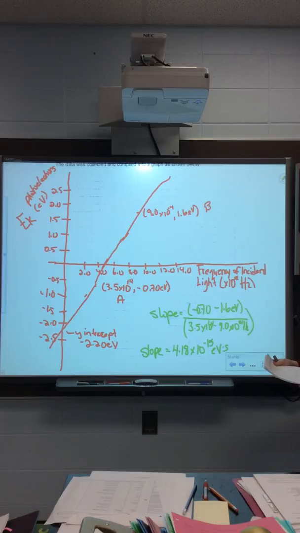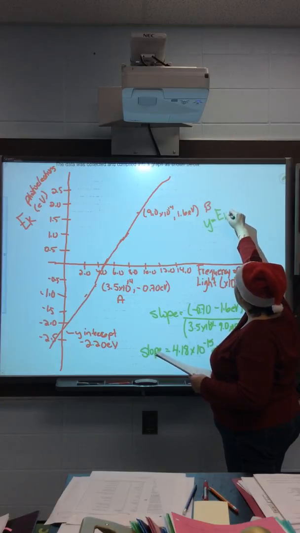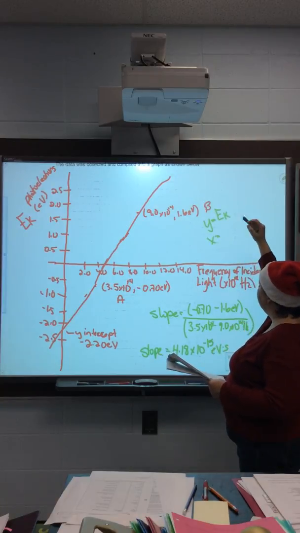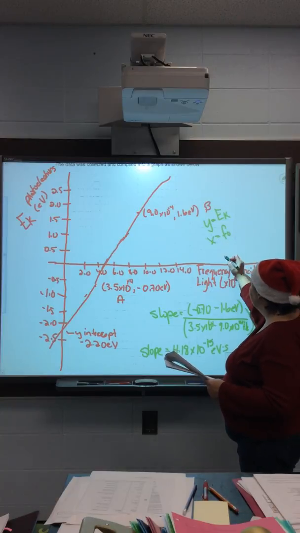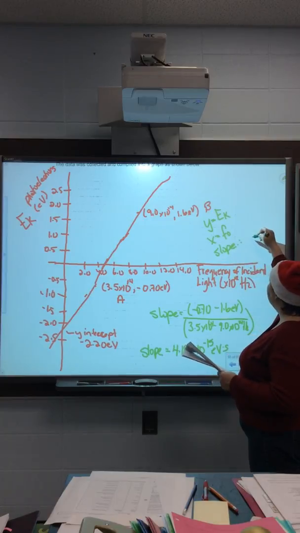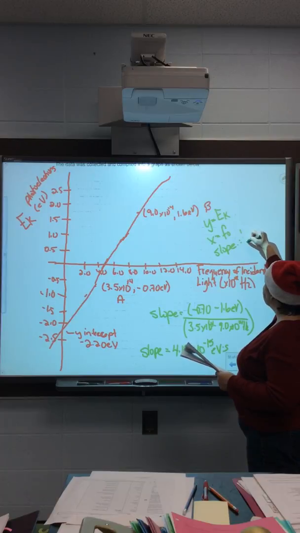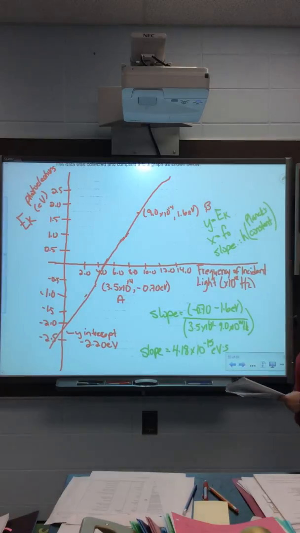And so what are we looking at here when y is equal to EK and x is equal to frequency? The slope is going to be equal to Planck's constant, and we know that Planck's constant is actually 4.14 times 10 to the negative 15.